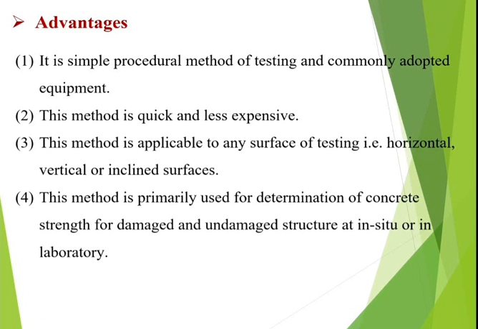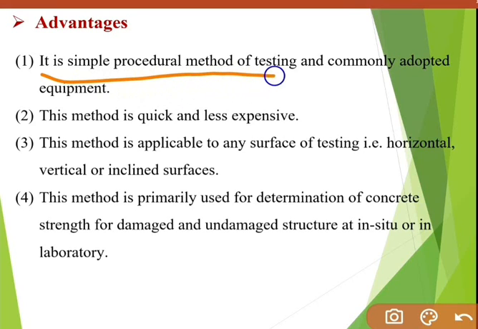So what are the different advantages of rebound hammer test? First is it is simple procedure of testing and commonly adopted equipment. The rebound hammer is commonly adopted. This method is quick and less expensive. It is very quick and very less cost. This method is applicable to any surface of testing.